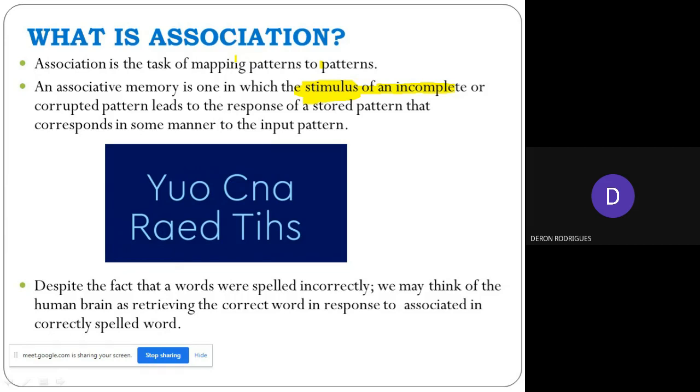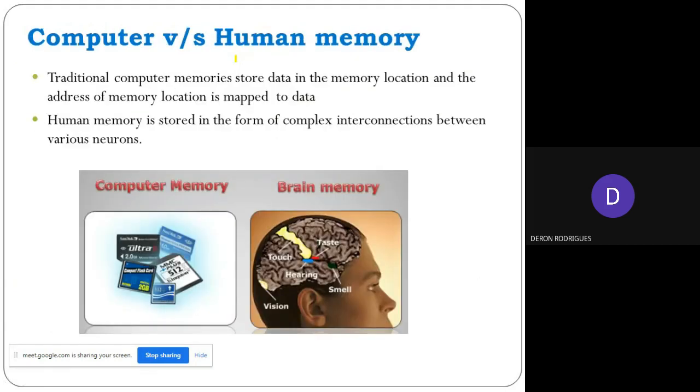From the wrongly spelled words, we were able to retrieve the correctly spelled words. Is that clear? Now, is this possible with the computer memory? It is not possible with the computer memory. It is possible with the human memory.